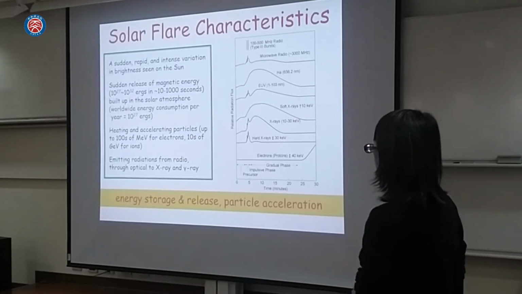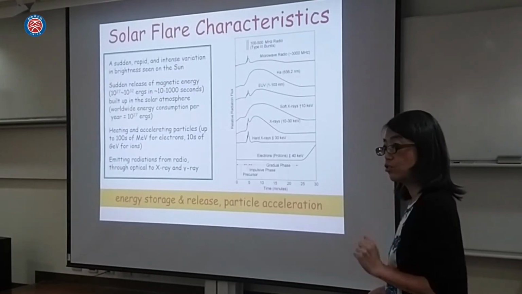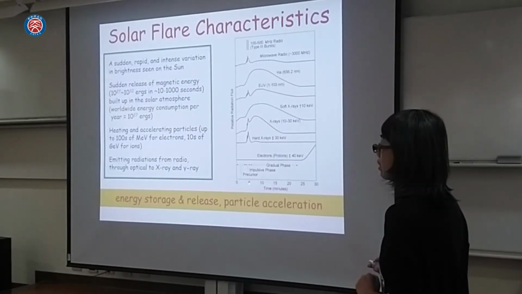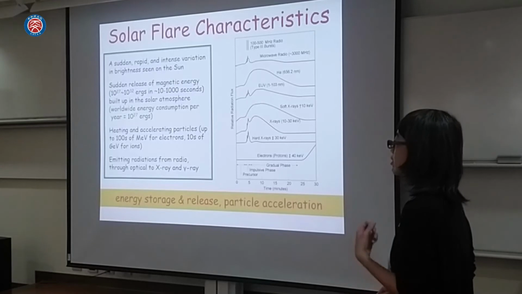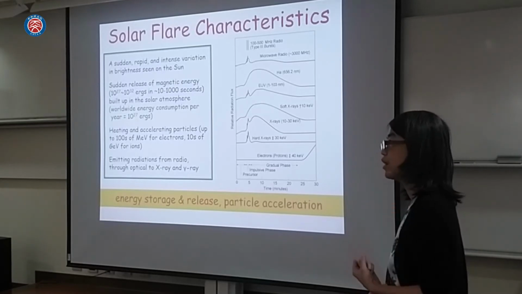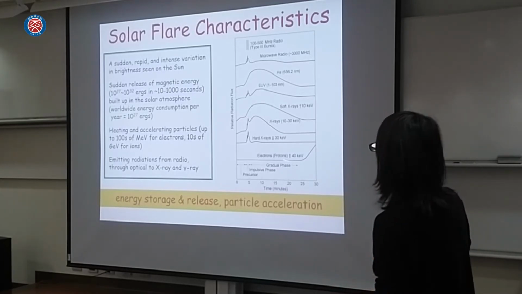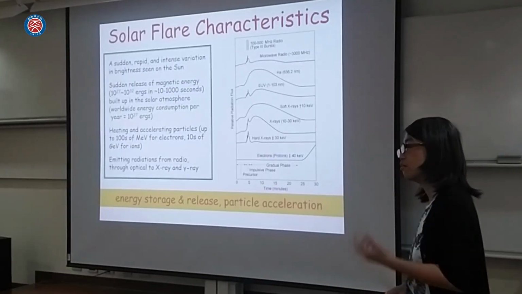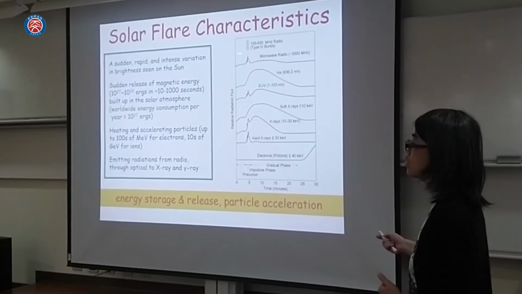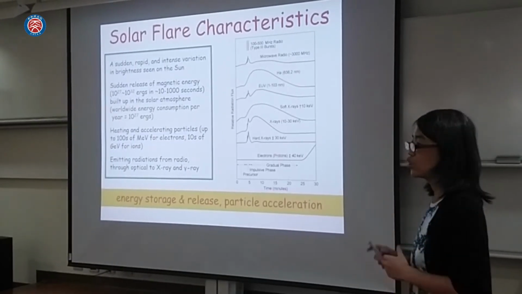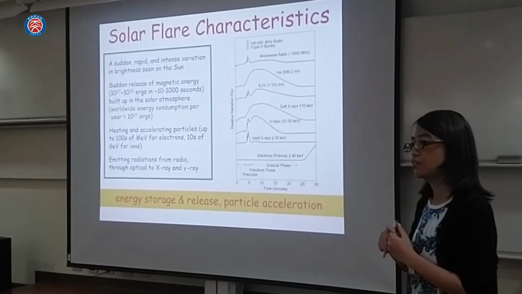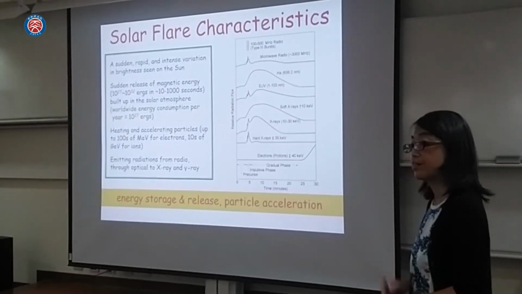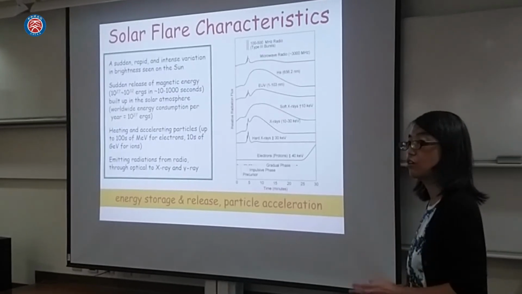For example, in the early stage of energy release, which we call the impulsive phase, the strong and sudden response comes from the X-ray and the radio. So that's why we want to use the X-ray and the radio observations to investigate the energy release or particle acceleration in the early stage of the flare.